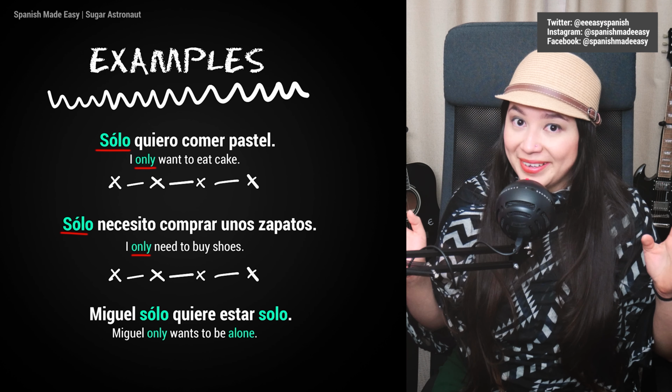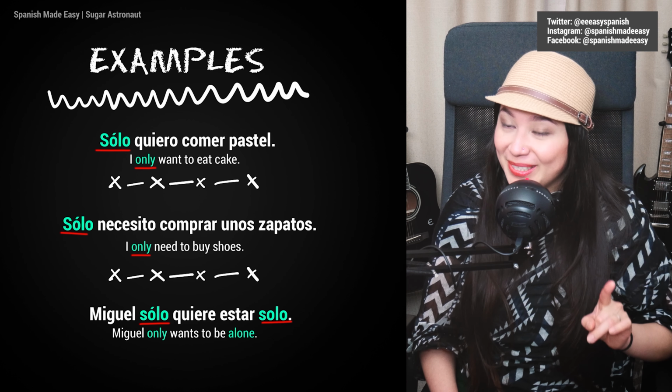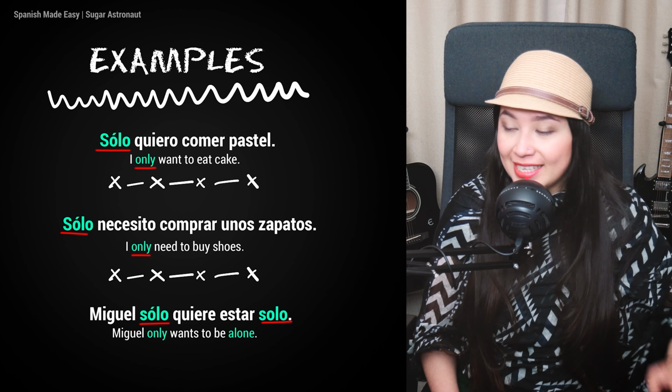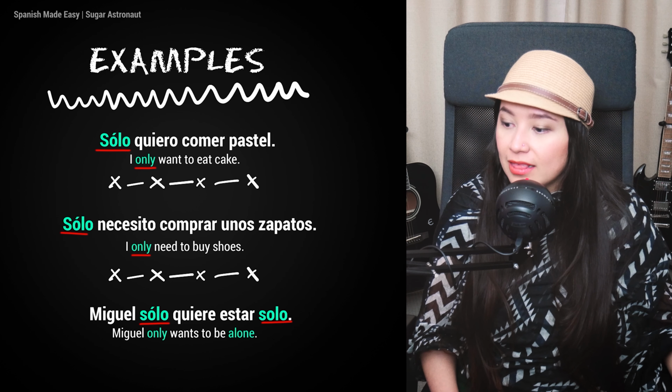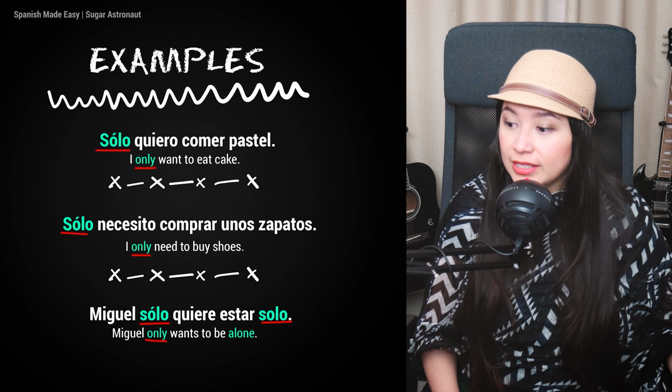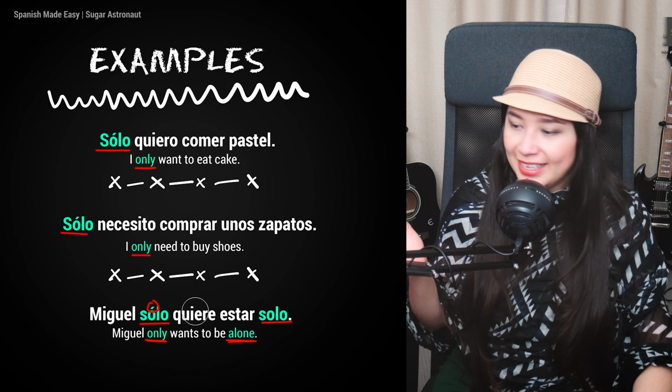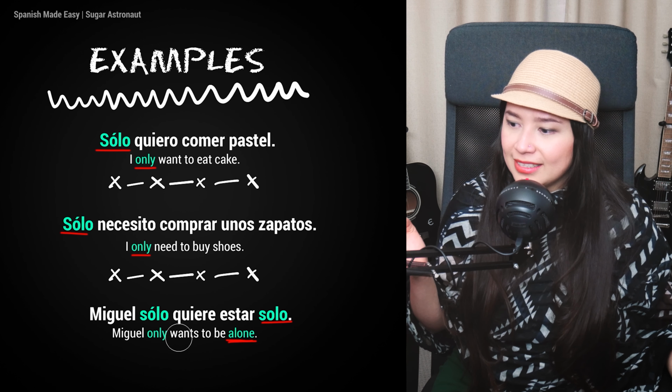So that's quite tricky, but it's interesting because the meaning of this sentence is Miguel only wants to be alone. Solo with an accent mark means only, and solo without an accent mark means alone. So that's very interesting. You can use solo twice in a sentence. That's pretty cool.